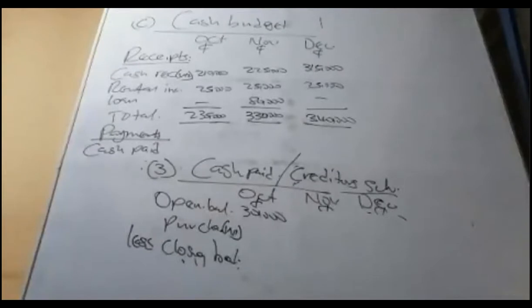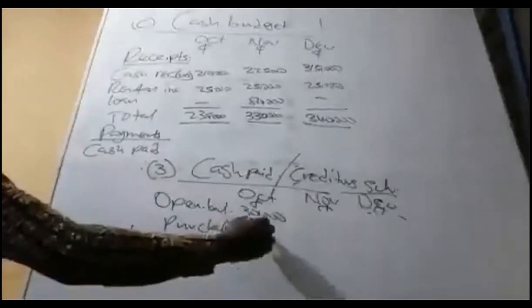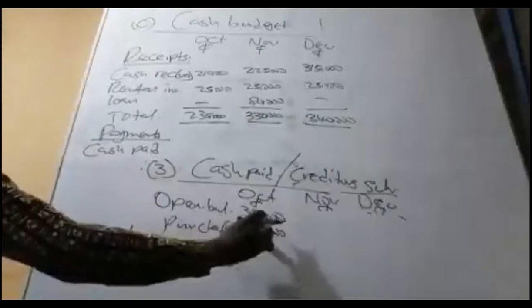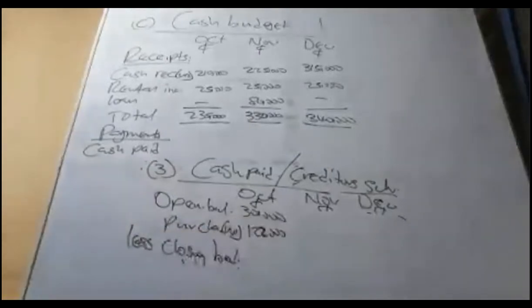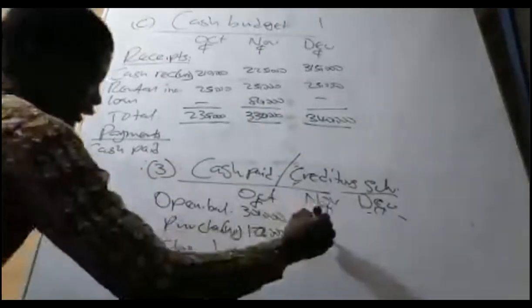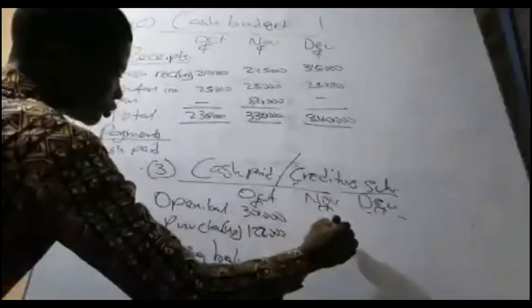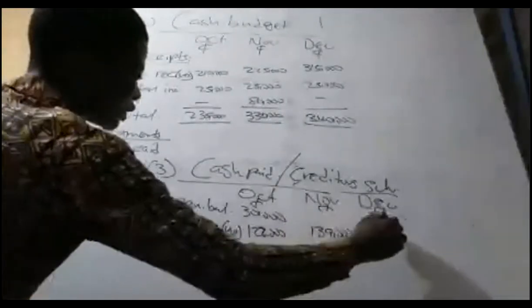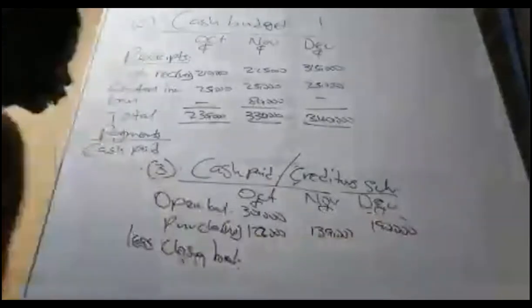So let's list them down. So the purchase figure is 122,000. 139,190. Good.